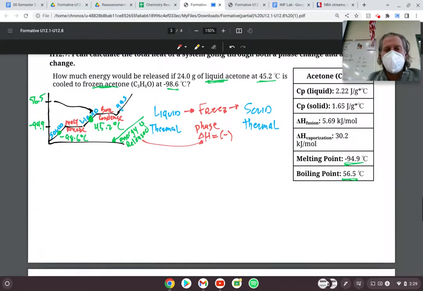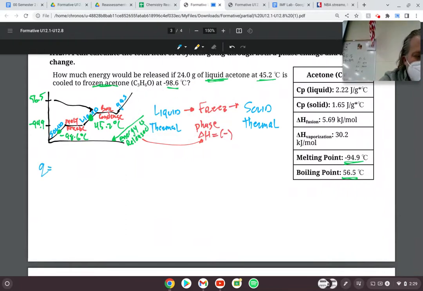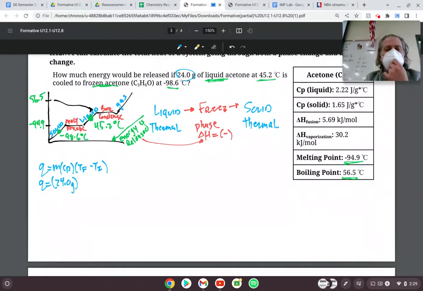All right, so to do the math as best we can, we have Q is equal to mass times specific heat times TF minus TI, where in this problem, our mass was given to us as 24 grams. And we know we're in a liquid, so we're going to use that specific heat, which is 2.22 joules per gram per degree Celsius.